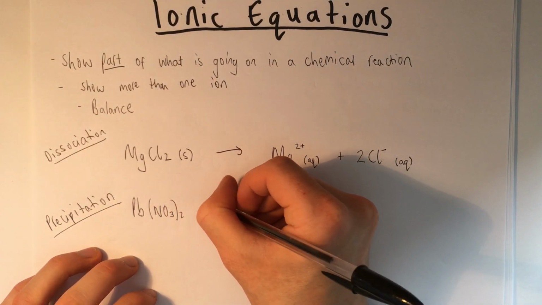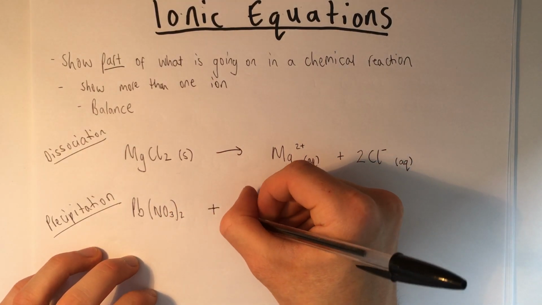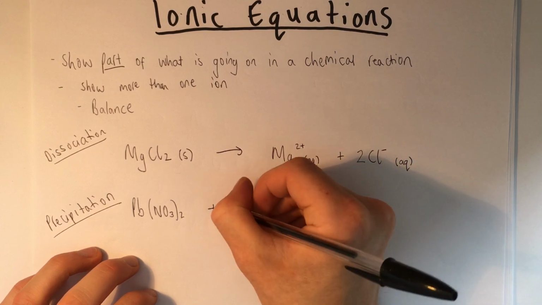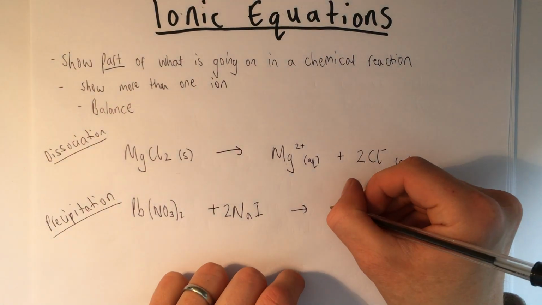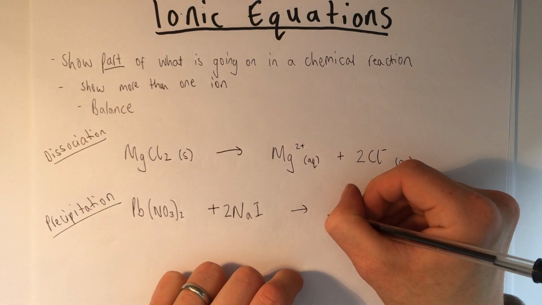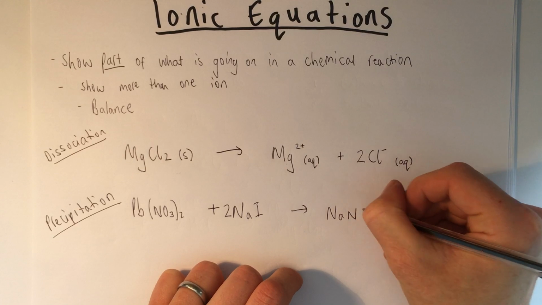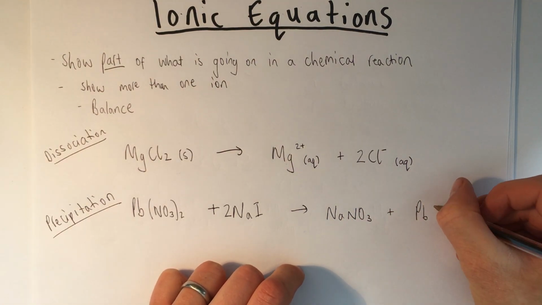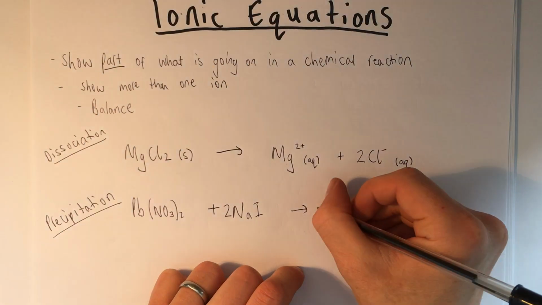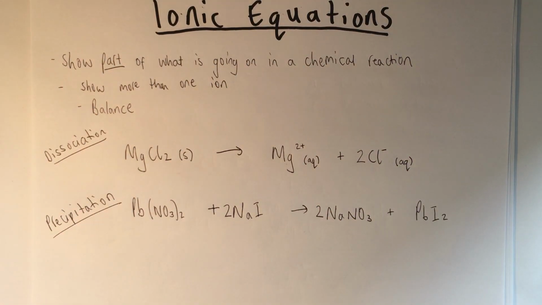And I'm going to add to it sodium iodide. And if I added those things together, it would make sodium nitrate and lead iodide. Put a 2 there for it to balance.